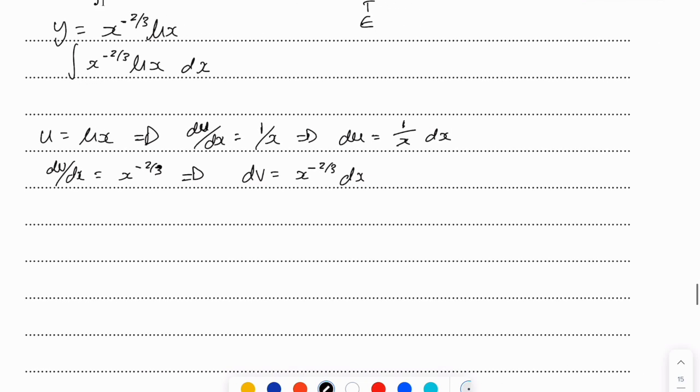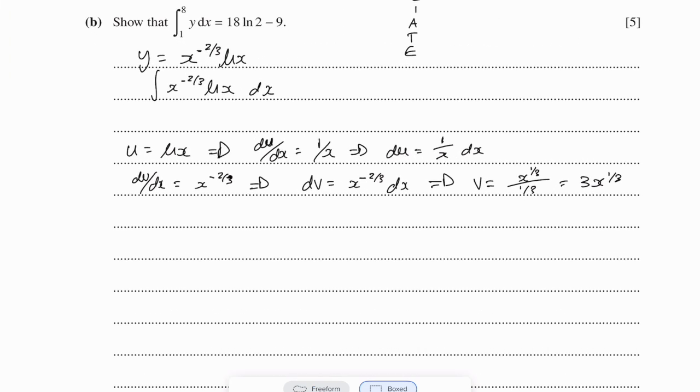Which implies that v, therefore, is going to equal x to a third over 1 over 3, which equals 3x to the power of 1 over 3. Perfect.